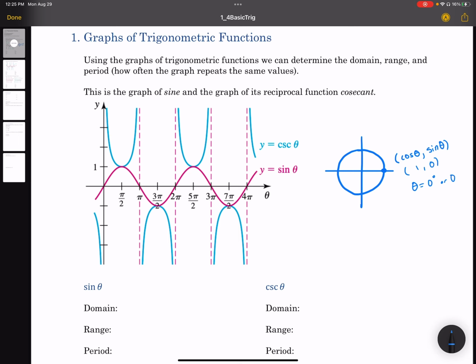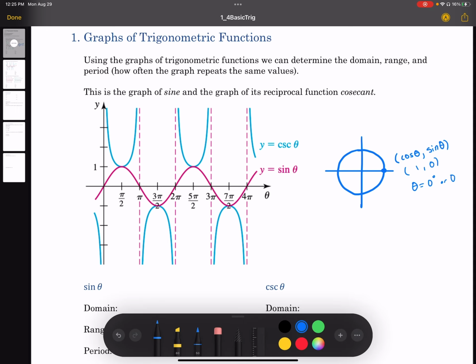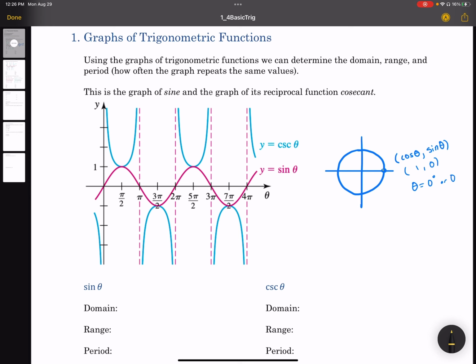So if we take a trip around a unit circle, let's do this in a different color. We'll go yellow. So if we move up to 90 degrees, we end up at the point 0, 1, and that's going to tell us that the cosine of theta is 0 and the sine of theta is 1.